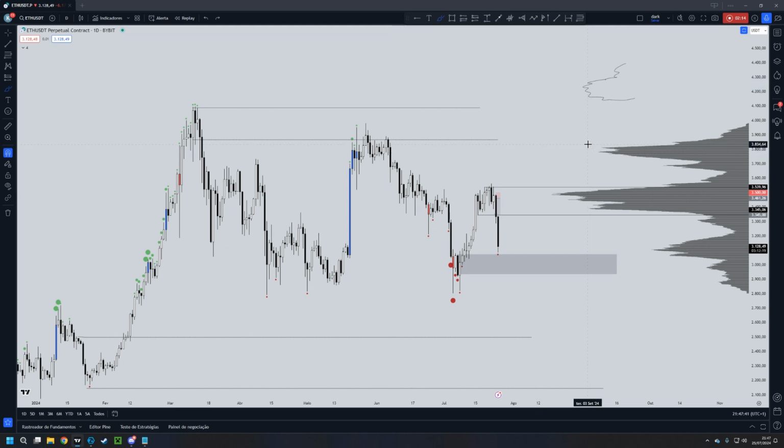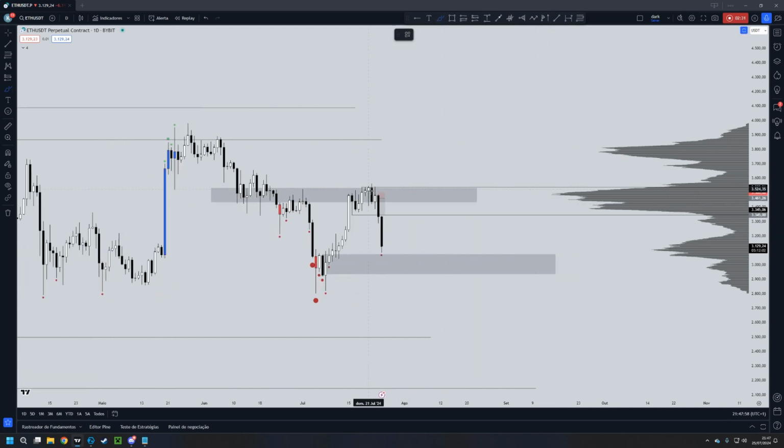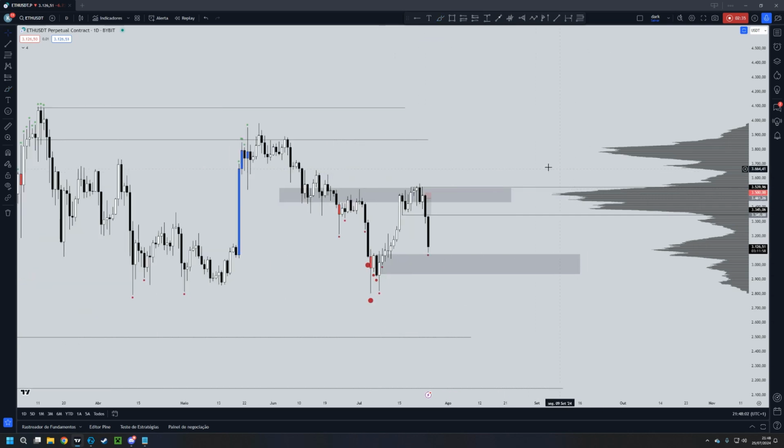Okay, so we can do one thing. If I want to be on the long side, let me just throw some rectangle here. I want to wait for some kind of reclaim and then long here, right? But since this high volume node was struggling for price to break up, I want to look for a short position.